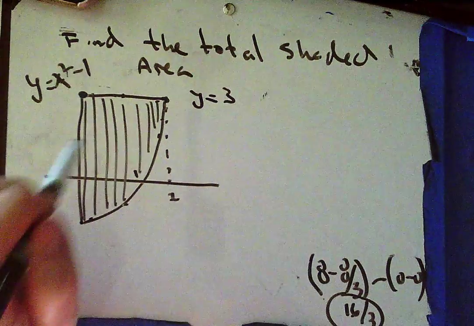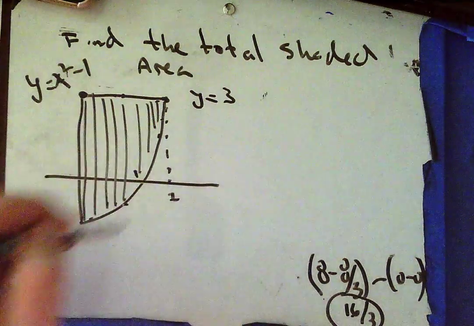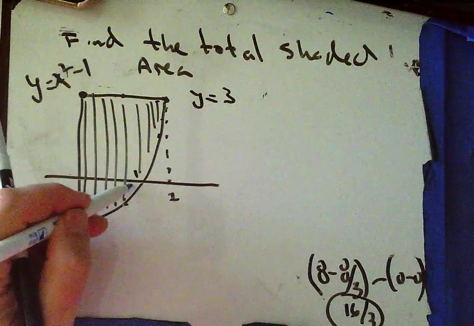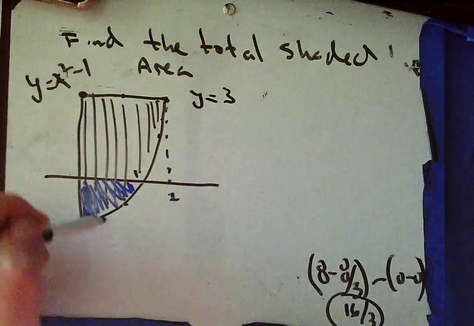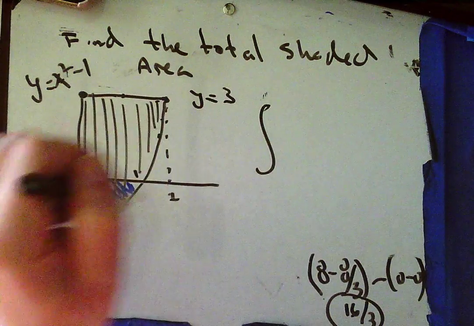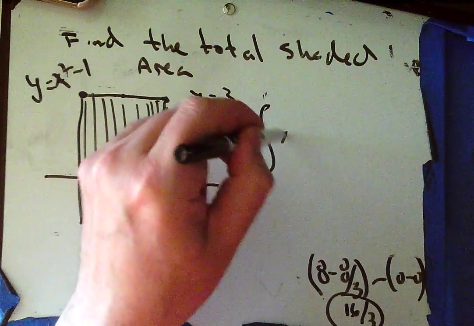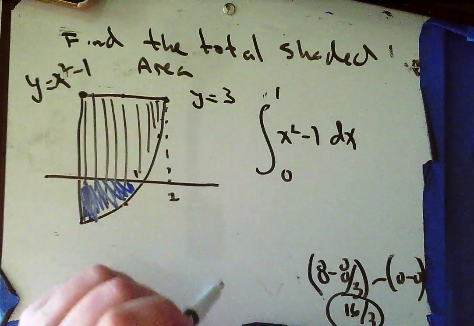So some students say, well, okay, I know that this shaded region is made up of this blue stuff. And this blue stuff is the integral of x squared minus 1 from 0 to 1.